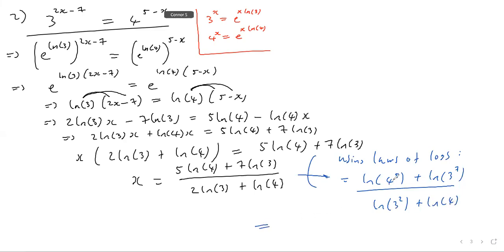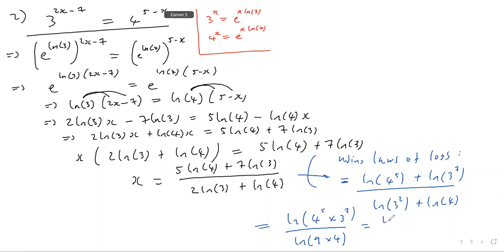And what we will see tomorrow, and we'll go through this properly then, is that when you add logs, you multiply the insides of the logs. So you actually get ln of 4 to the power 5 times 3 to the power 7, divided by ln of 3 to the power 2, which is just 9, times 4 there.